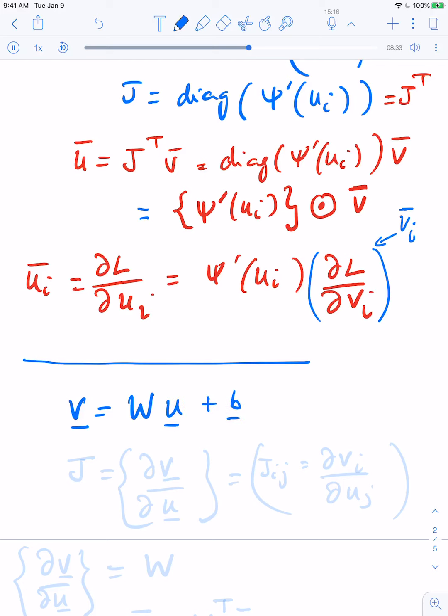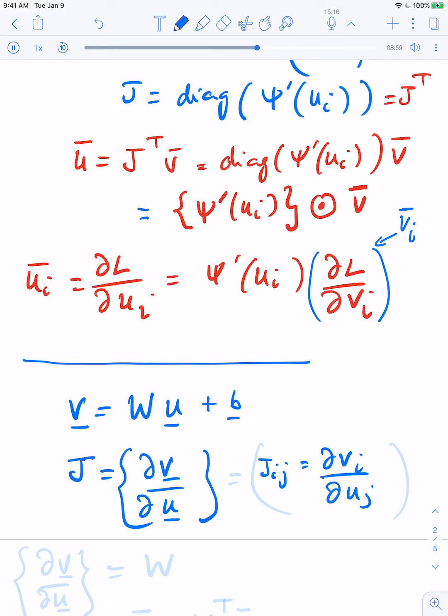This is what happens before I feed it into the nonlinearity. I'm going to keep simplifying notation. So this is the Jacobian of V with respect to U. So the ijth entry is del Vi by del Uj.